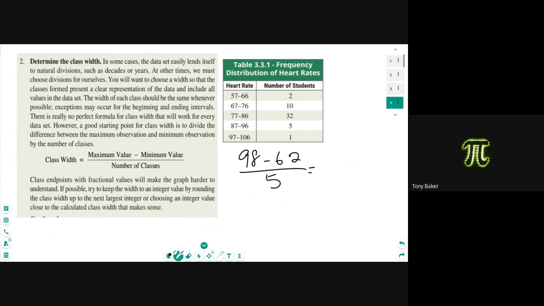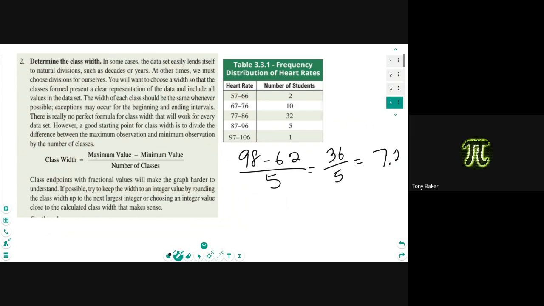All right. So what's 98 minus 62? 36. And we'll divide that by 5, and we get 7 and a little bit, right? So whenever you have to round, it's 7.2, I think, actually.